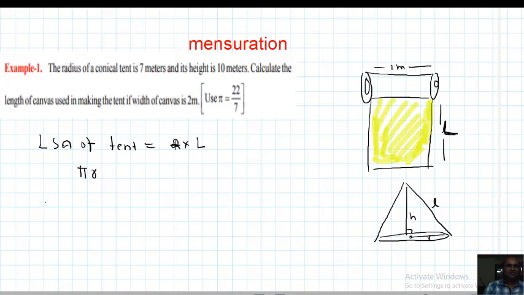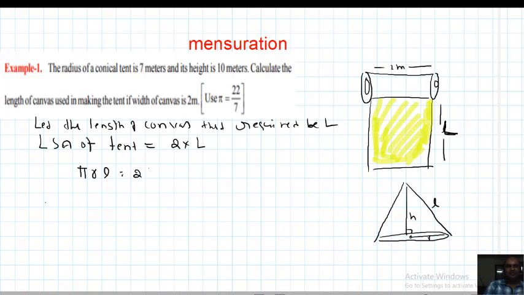You want to write one more step also: let the length of canvas that is required be capital L. Okay. Pi r l equal to 2 into L.